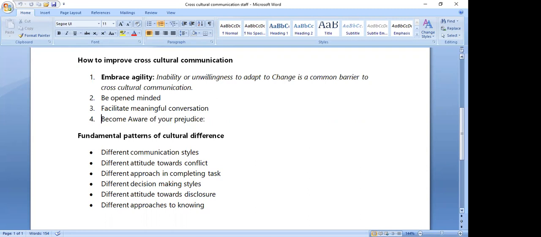So you must recognize, as a cross-cultural communicator, that people have different styles of communication. So one of the things we should do is to begin to learn how to understand people's style of communication.